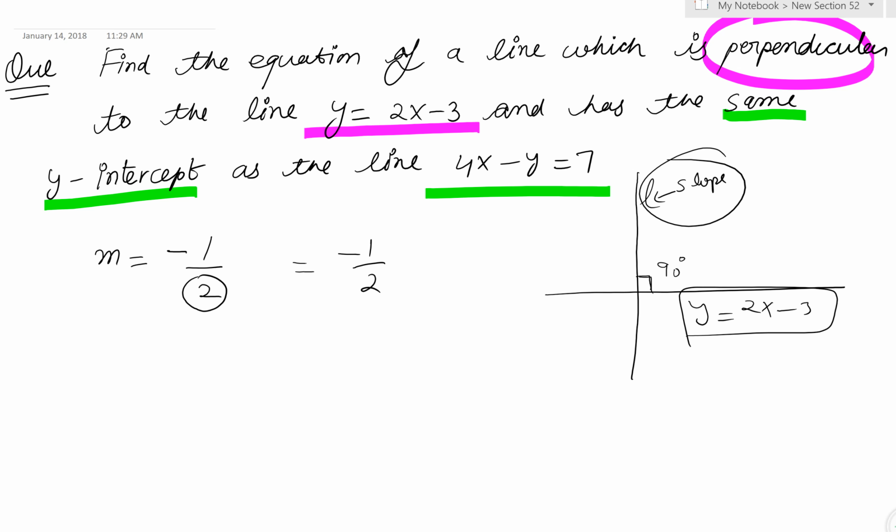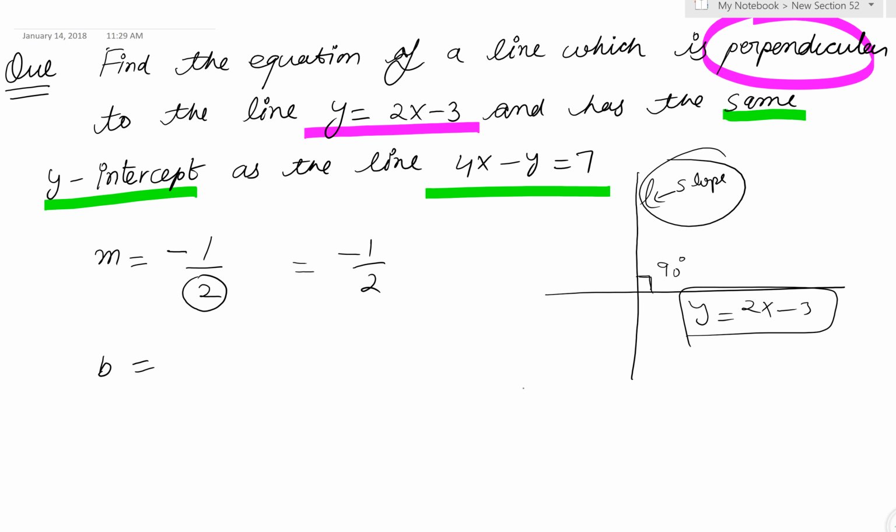Now the next thing is, the line you are finding has the same y-intercept as this line. Now this line is not in slope intercept form. We have to convert it to slope intercept form in order to find the y-intercept. So your b is the same as the b of this line. Let's find the b of this line.